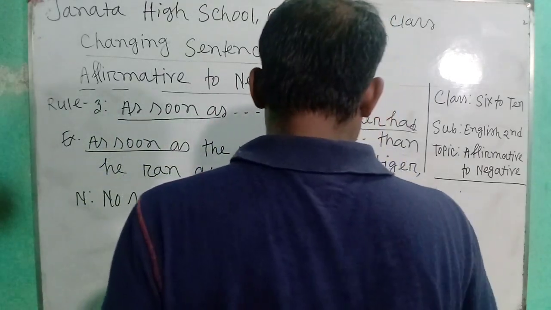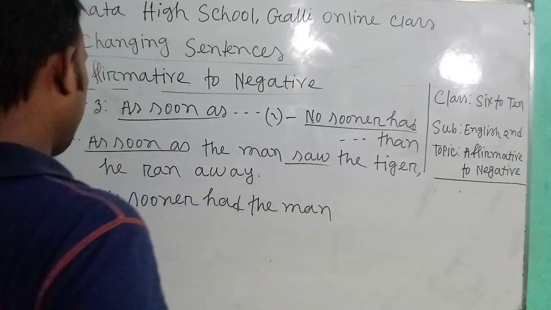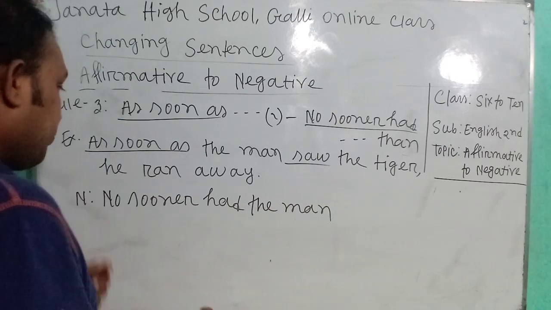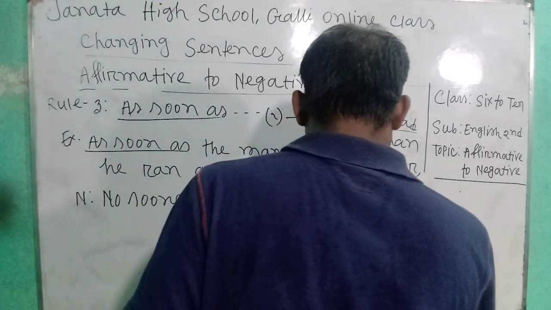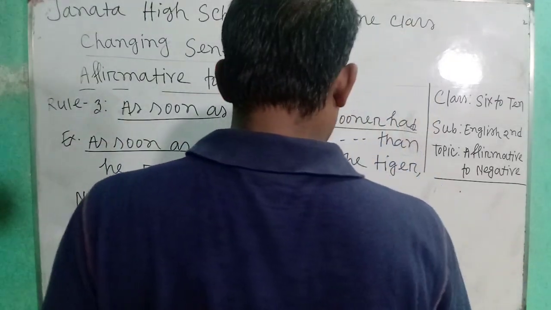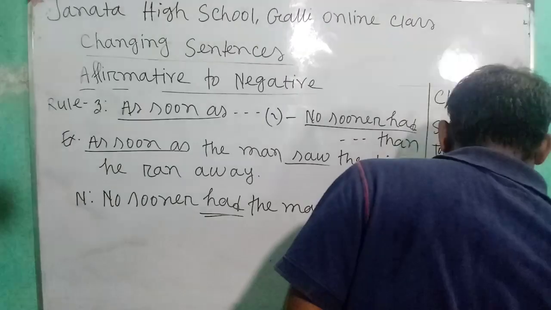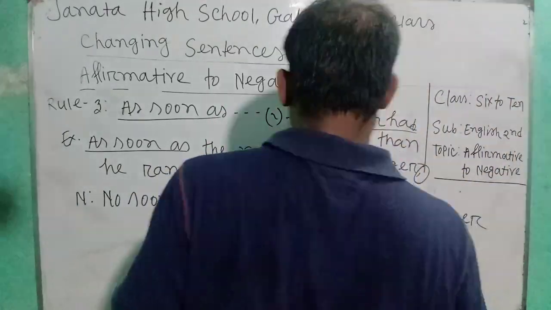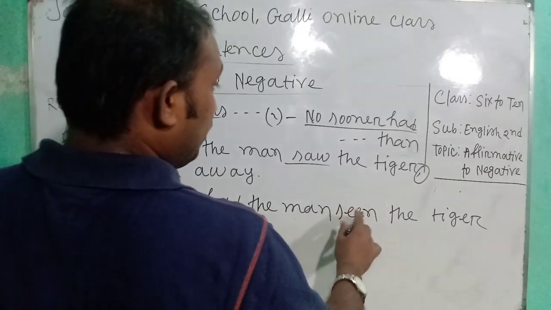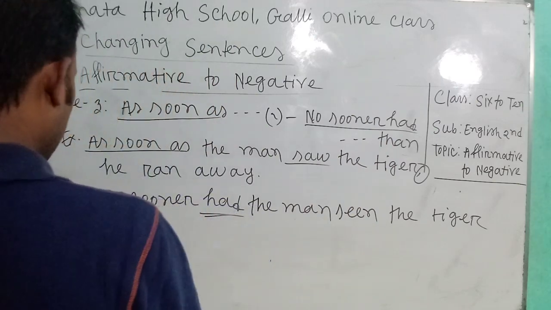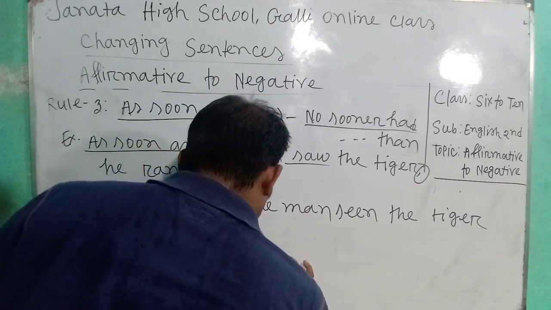Saw is the base form, but we have to use the past participle form of the verb, as we know that we have to use verb 3 after had. No sooner had the man seen the tiger, then, we have to use then instead of the comma. Then he ran away.